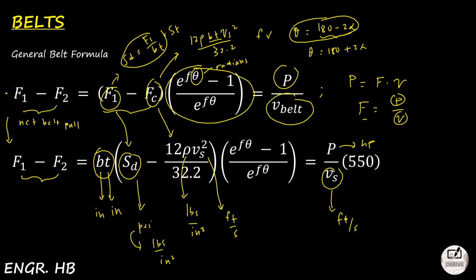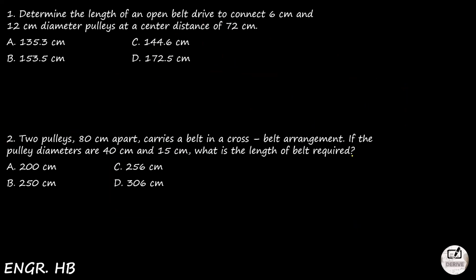And, syempre, kailangan i-divide mo siya ng BS na in feet per second. Syempre, involve mo rin si 550. So, that will do for the general belt formula. Hindi mo to maintindihan agad o babalikan kung walang problem solving. So let us do the problem solving.